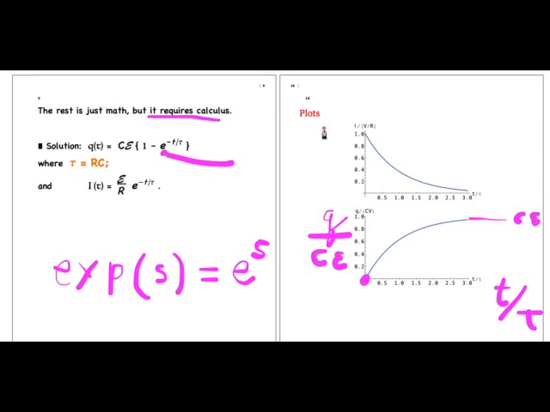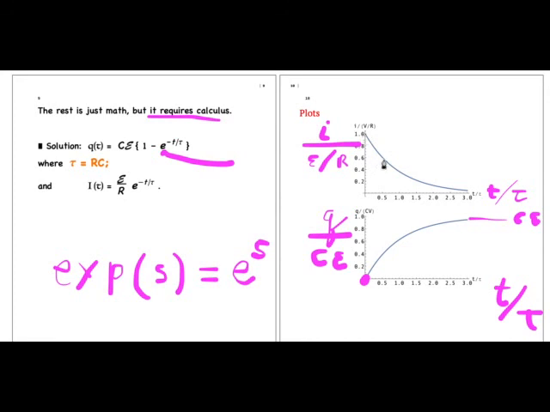I'm actually plotting here I divided by E over R. E over R has units of current, so I divided by E over R has no dimensions. It's just a pure mathematical number. Goes between 0 and 1. And again, here I'm plotting the t in units of the time constant tau.